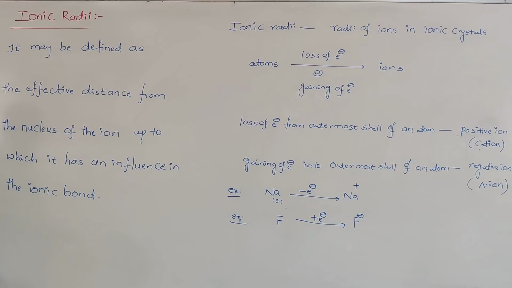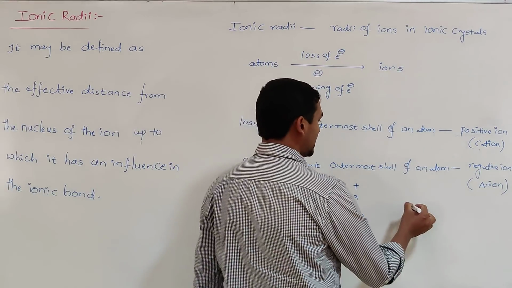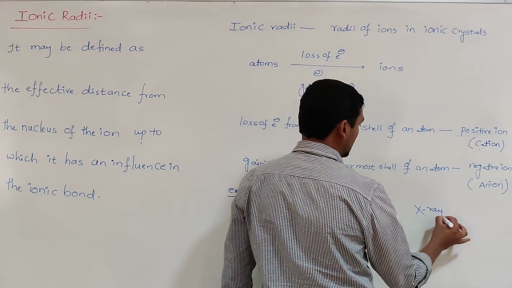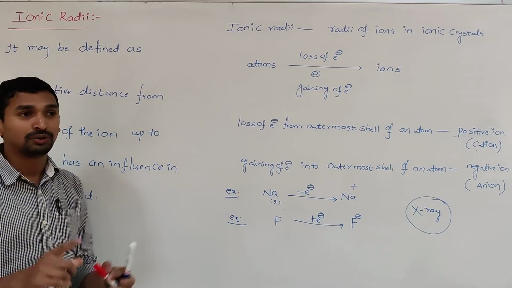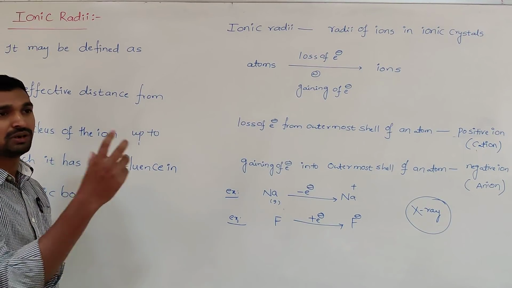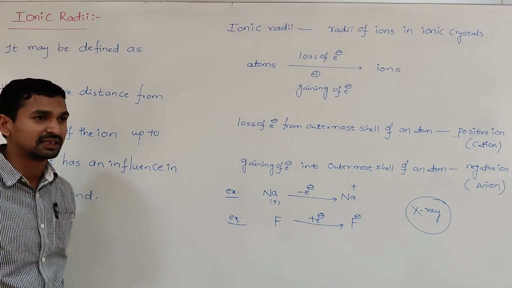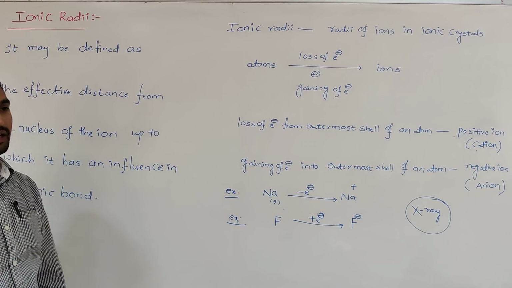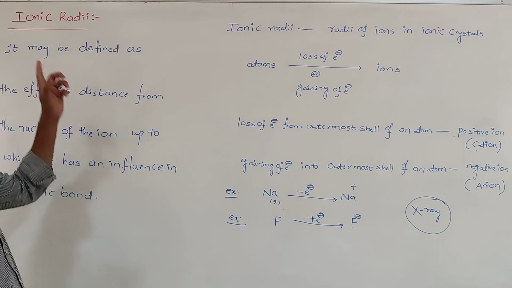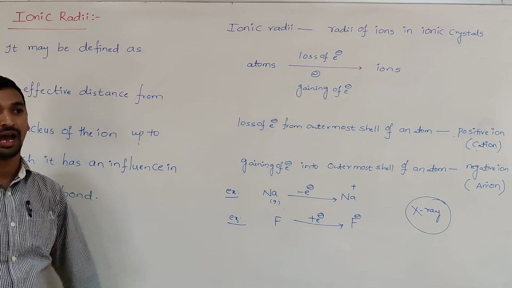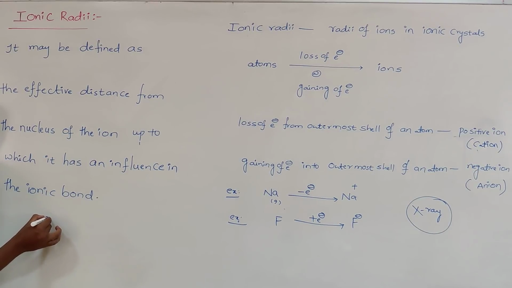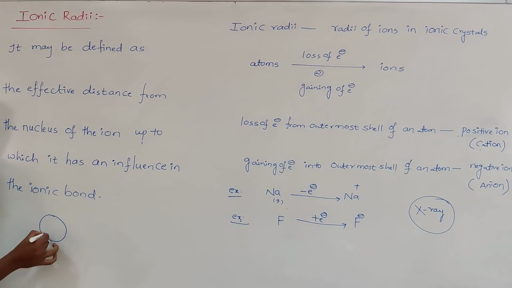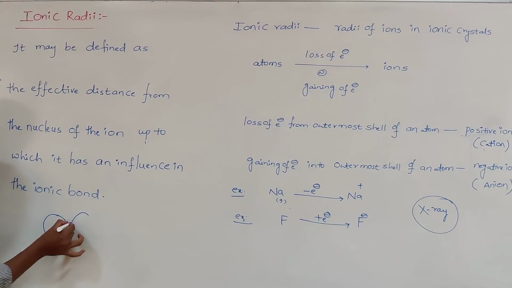Generally, with the help of X-ray diffraction, we first calculate the distance between the two nuclei of positive and negative ions present adjacent to each other. From that, we can determine the ionic radii of the cation and anion respectively. For example, if the ion is assumed to be spherical in shape, this is one ion, then an adjacent one more ion.